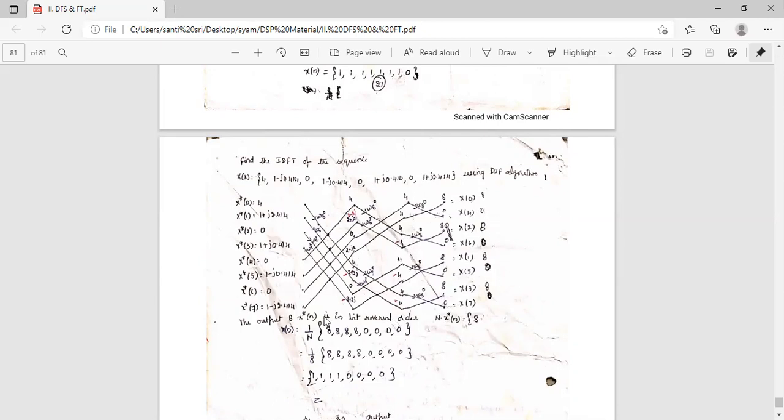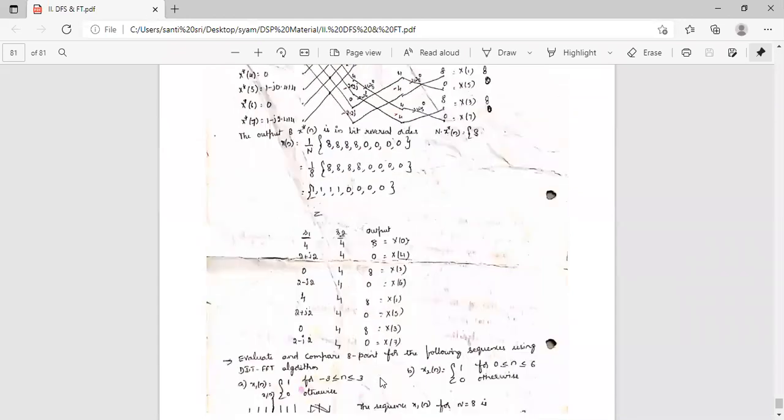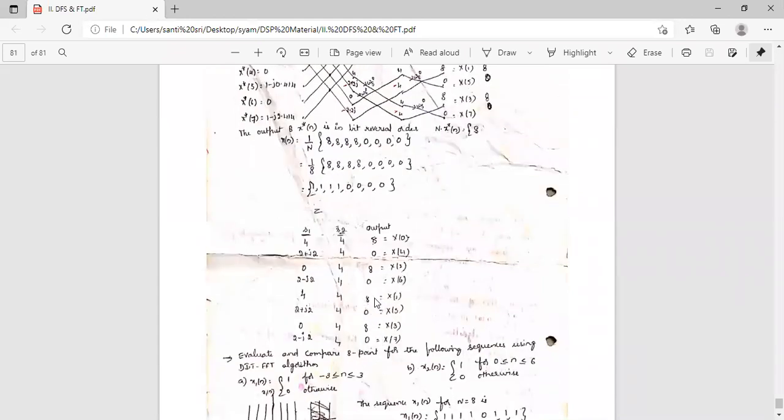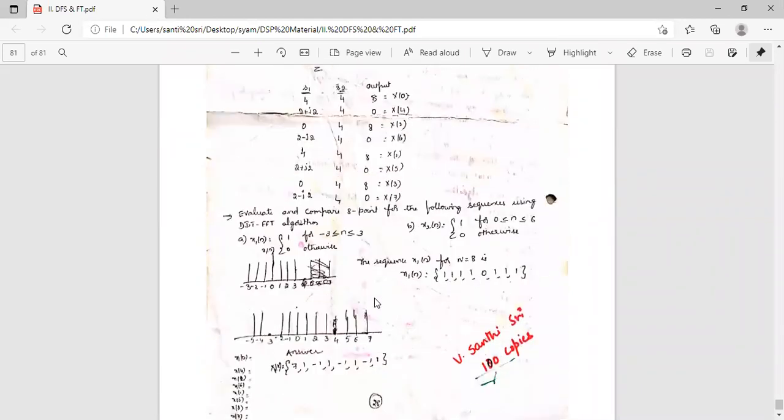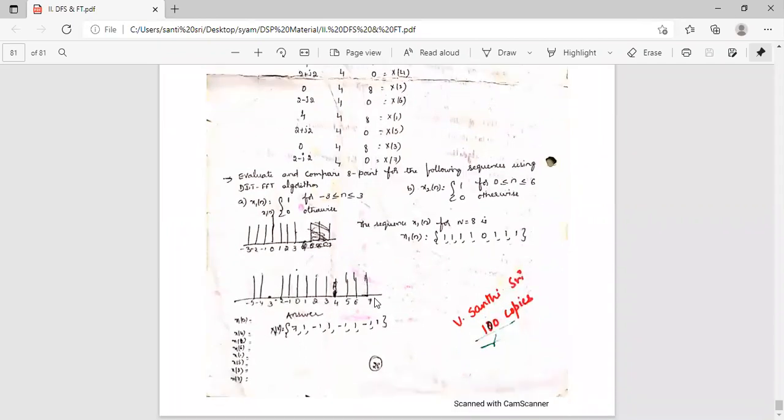So x star of n will be like this and multiply it by 1 by n. So 1 by n into these values, so that it will be n into 1 by n. 8 and 8 get cancelled, so that it will become four ones and the remaining are zeros. Okay, so this is the calculation of how to get these values. So evaluate and compare.